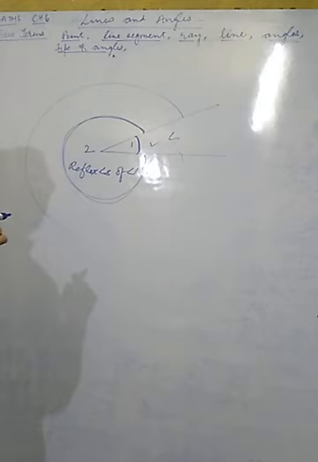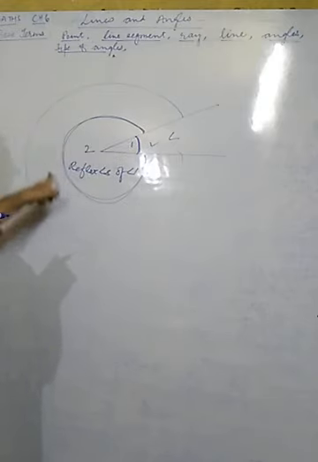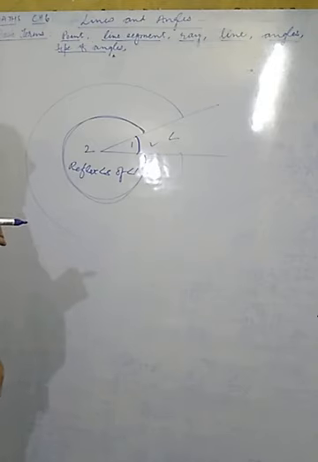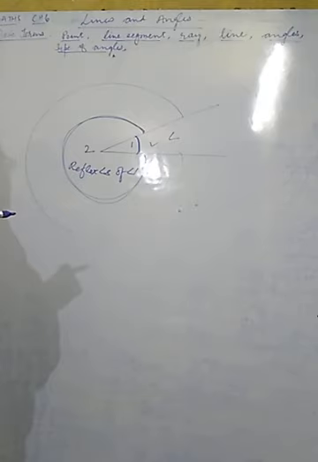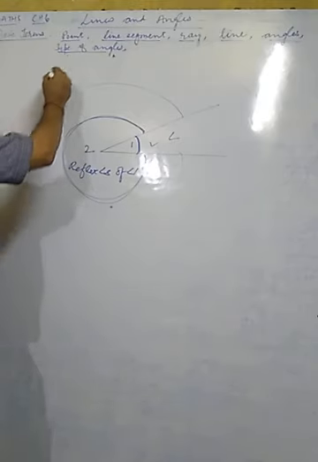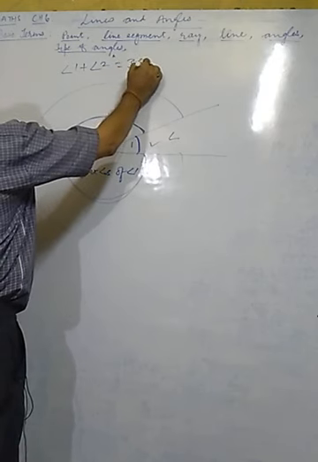See here, if angle 1 is there and this one is the reflex angle of angle 1, then angle 1 plus angle 2 will be equal to 360 degrees.